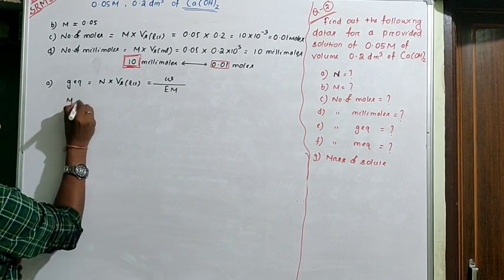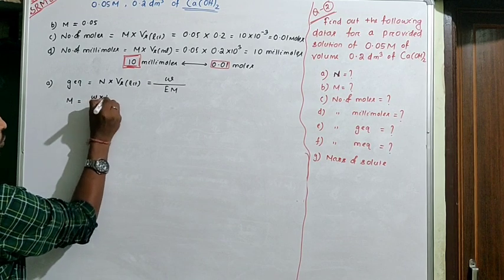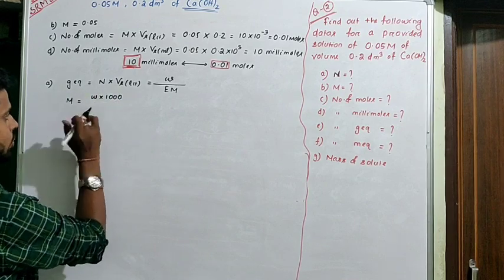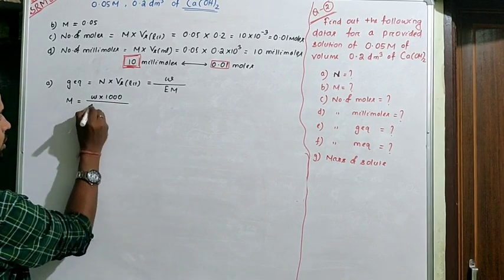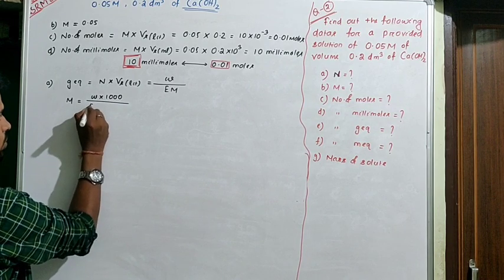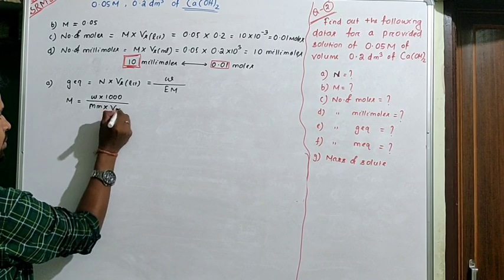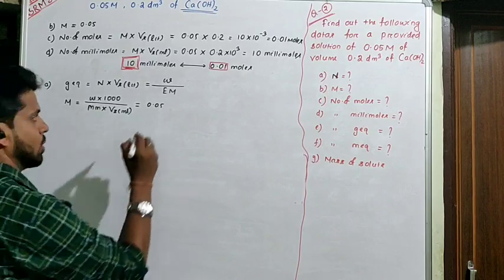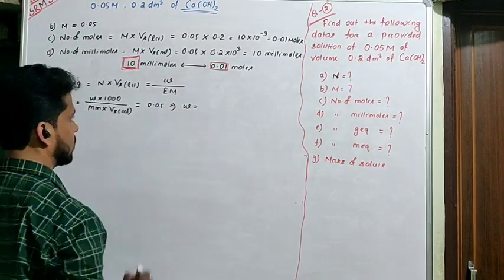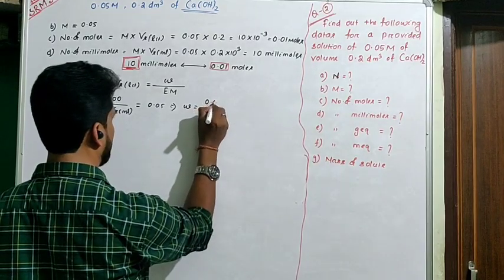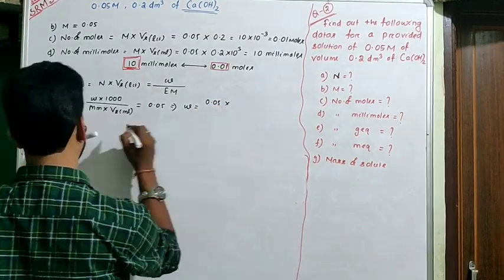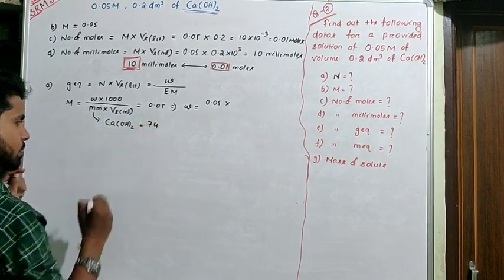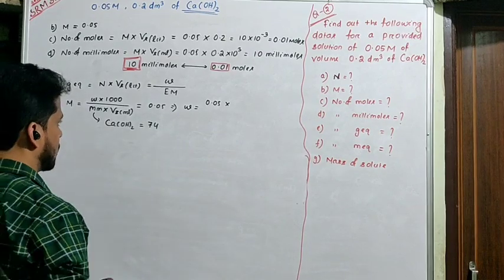Now molarity we know, that is W into 1000 divided by molecular mass into Vs ml, that equals molarity, which is 0.05. This implies the mass of the solute will be 0.05 into molecular mass of Ca(OH)2, that is nothing but 74.